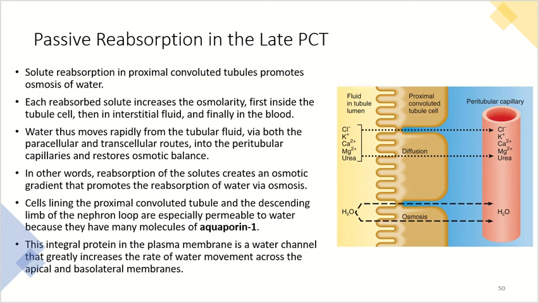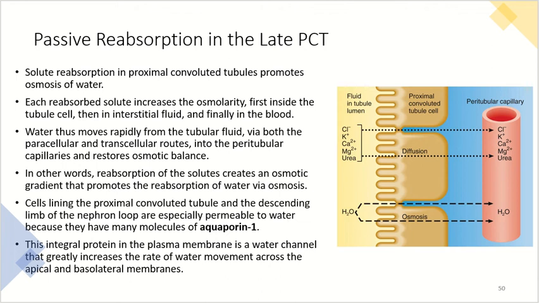And then moving forward, as we move on down our nephron here, we're moving on to the passive reabsorption in the late proximal convoluted tubule. Right, so the solute reabsorption in this proximal convoluted tubule is going to promote osmosis of water, and each reabsorbed solute is going to therefore increase the osmolarity, first inside the tubule cell, and then within the interstitial fluid, and then finally within the blood.